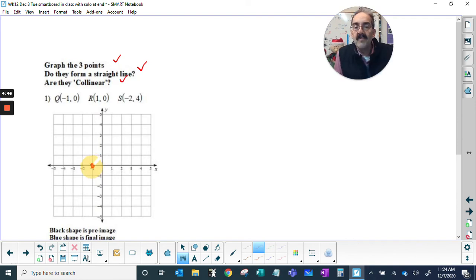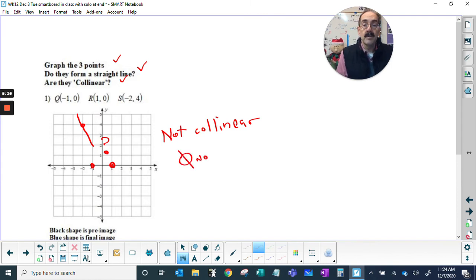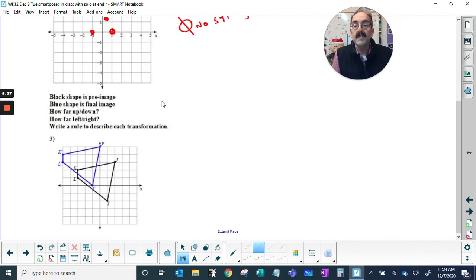Negative 1, 0, 1, 0, and negative 2, positive 4. Not collinear. Okay? And we actually say that. They do not form a straight line.